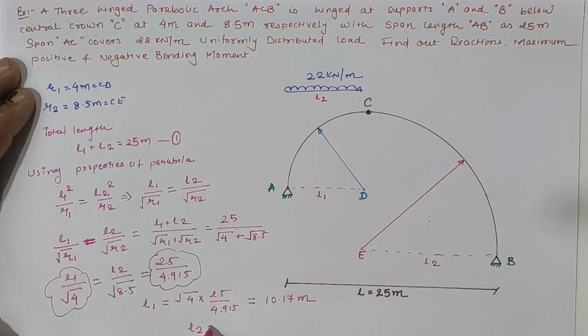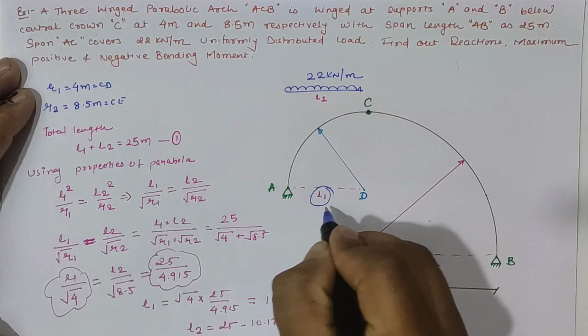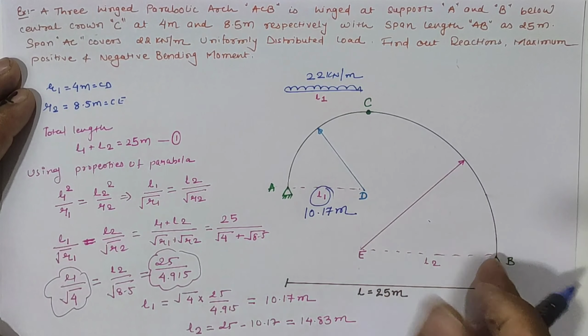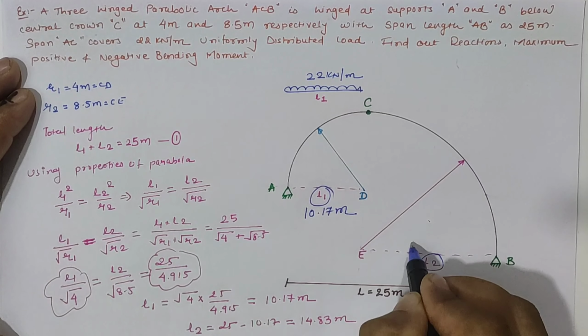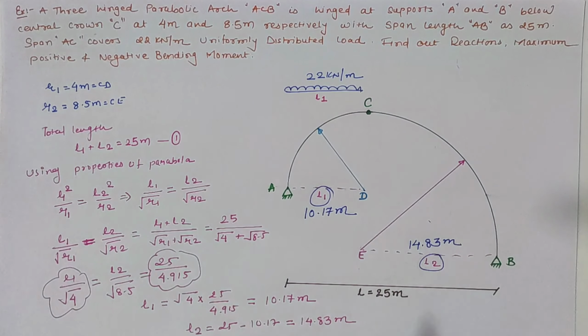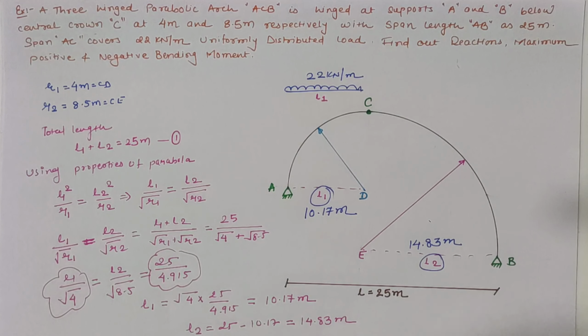So L2 is equal to 25 minus 10.17, which is equal to 14.83 meters. It means that L1 is equal to 10.17 meters while L2 is equal to 14.83 meters. So first of all we have to calculate the span lengths according to the property of parabola.